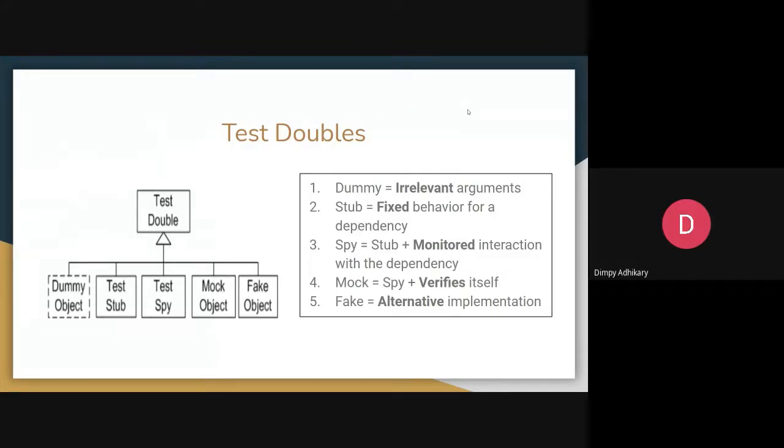You might have heard about all those things, right? Spy, mock object, fake object. So don't confuse this with API, mainly because in API also we will use some of it, but in a different context. I'll explain what the context is from an API point of view in the next slide, but this slide is mainly from a unit testing point of view.